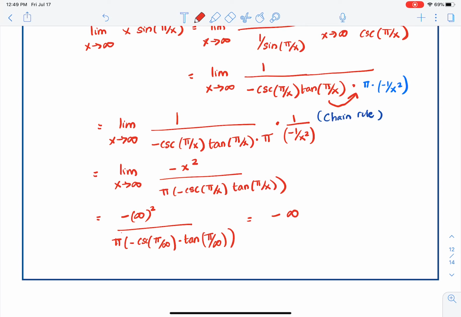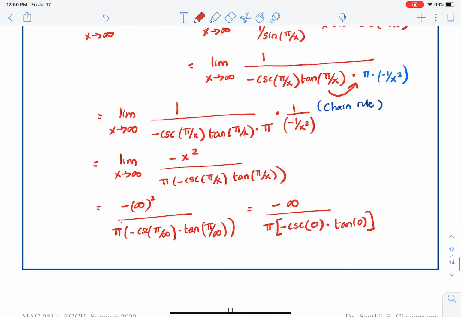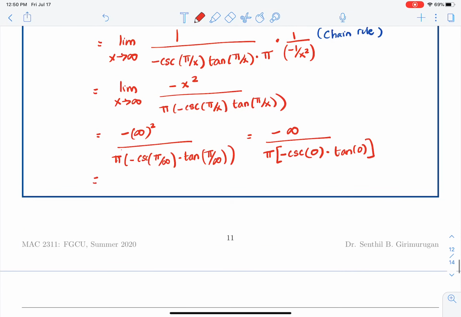Negative infinity squared is still negative infinity, divided by pi times negative cosecant pi over infinity, which is cosecant 0, times tangent pi over infinity, which is simply tangent 0. So we have negative infinity divided by pi.